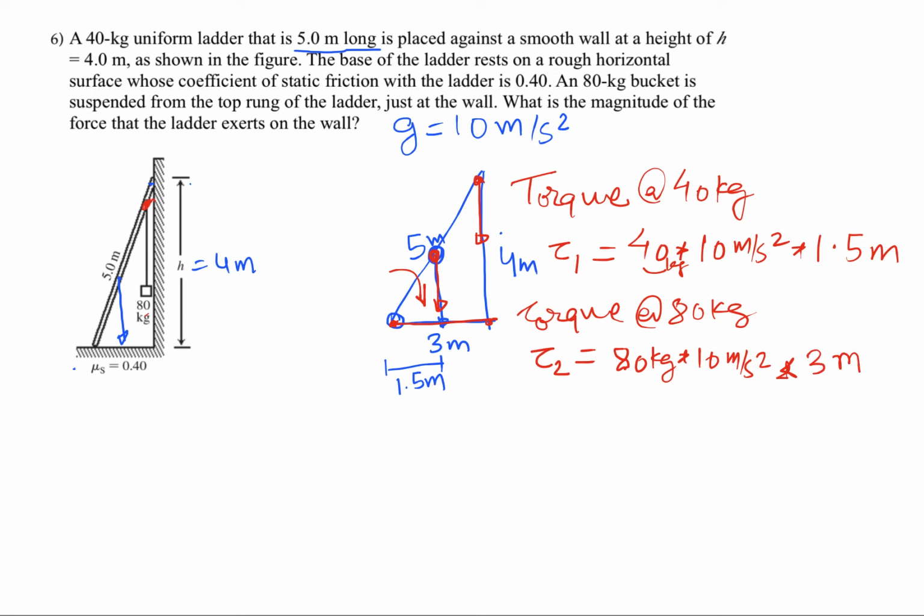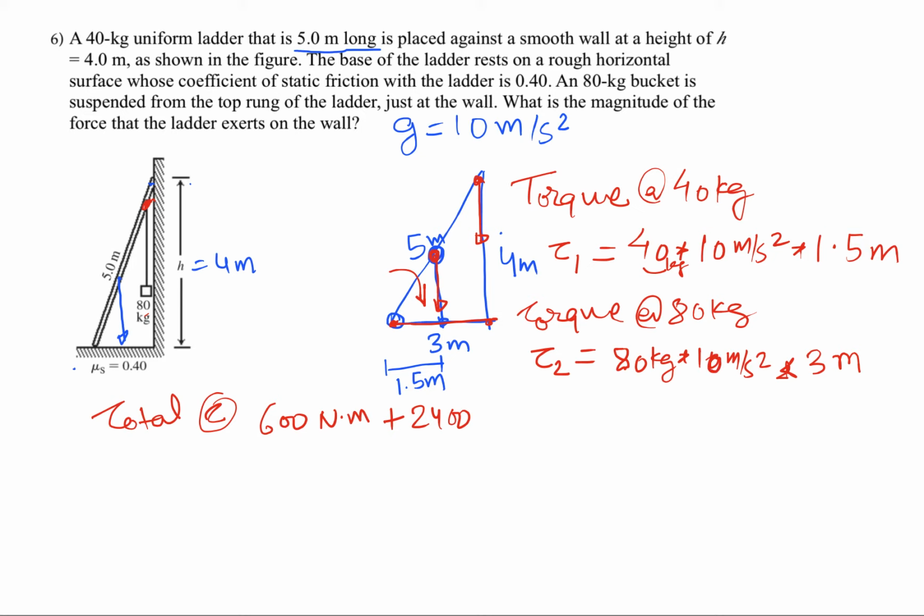So the total torque is going to be 40 times 10, 400 times 1.5. So that's about 600 Newton meter, plus that's 800, that's 2400. Just do the math yourself.